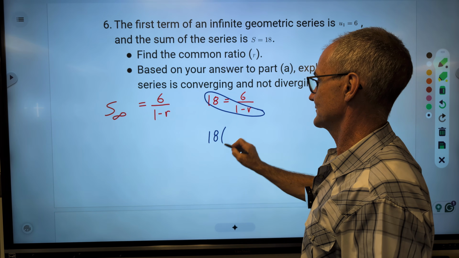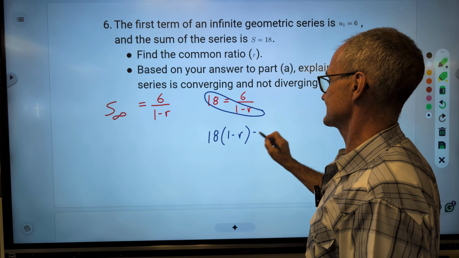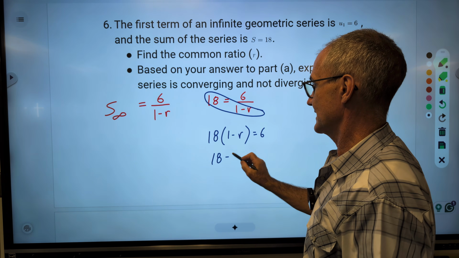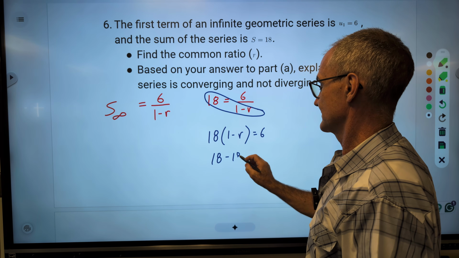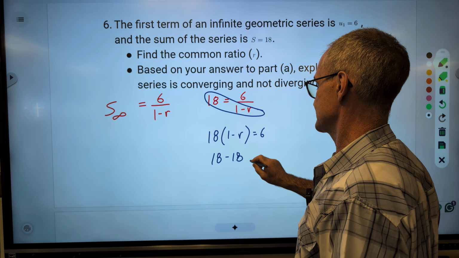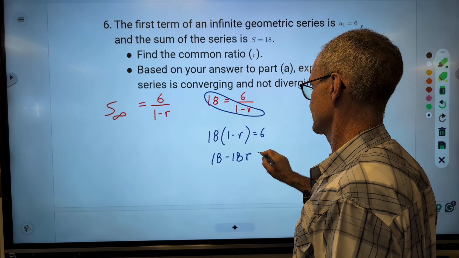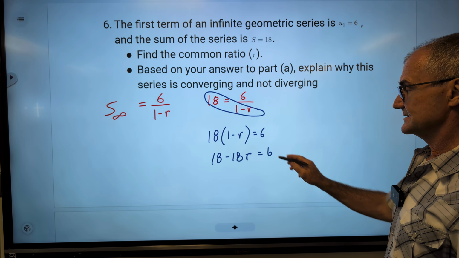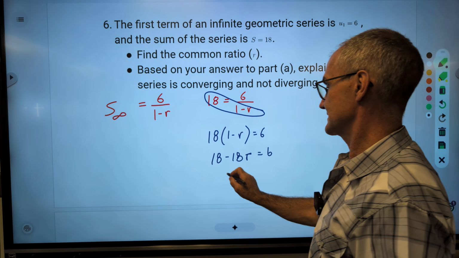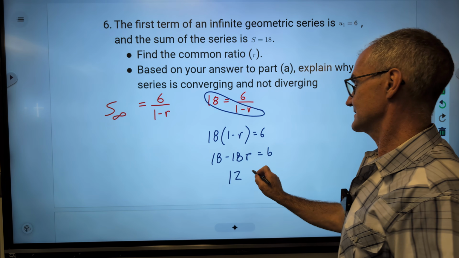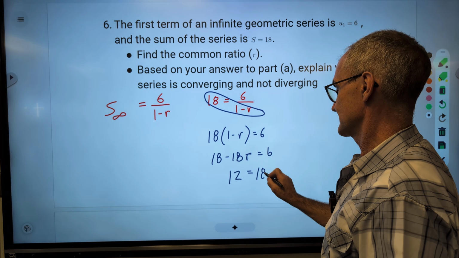18 times 1 minus r is equal to 6. 18 minus 18r is equal to 6. Still solving for r. I'm going to subtract 6 from both sides to get 18 minus 6, and then I'm going to add 18r to both sides.